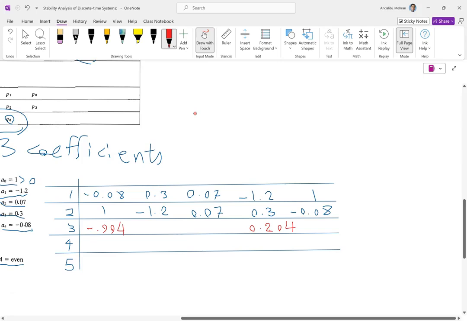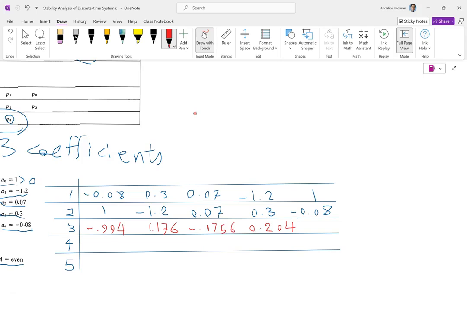If you want B2, it's going to be 1.176. And B1 is going to be negative 0.0756, like that. Okay, so these are your B's.